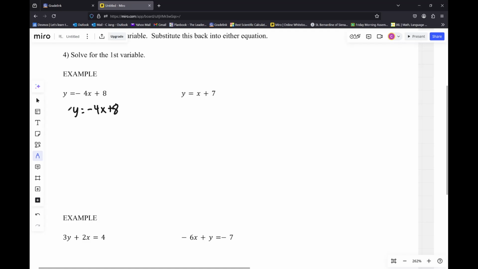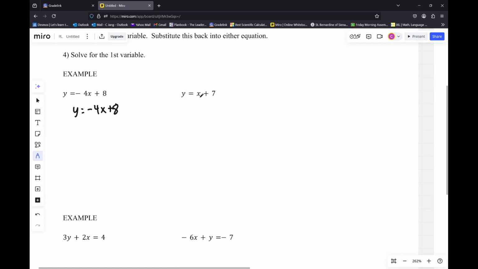And what I mean is that the x in this first equation is the same x in the second equation. And more importantly for us in this case, the y for the first equation is the same as the y in the second equation. Okay, so the variables are the same for both equations. And we're going to use that to our advantage.